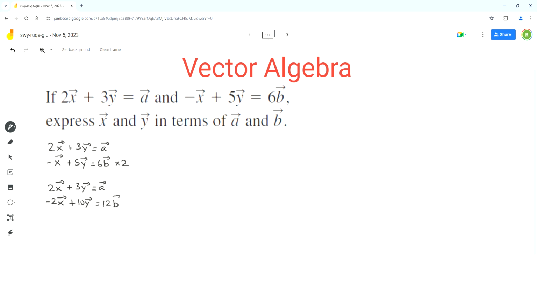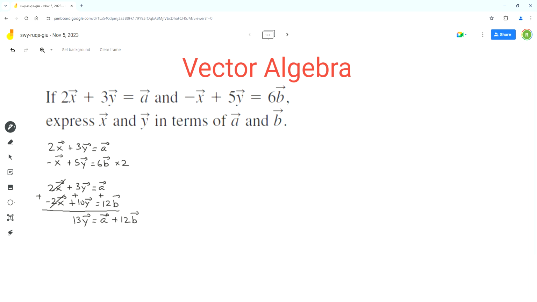Now if we add these two equations, the x terms will get cancelled out because 2 plus minus 2 is equal to 0. And now we can add the y terms and the other two vector terms. So 3 plus 10 is 13. So by using the elimination method, we have isolated vector y.